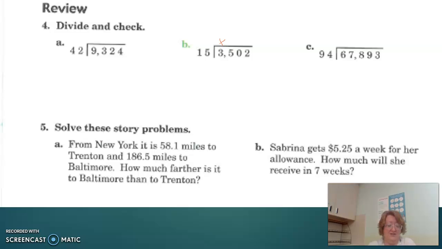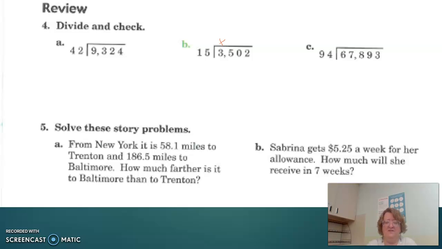So now we ask ourselves, how many $15 toys can we buy with $30? Now we should be able to do the doubling by asking ourselves, what is 15 plus 15? And that answer would be 30. Is 30 close to 35?